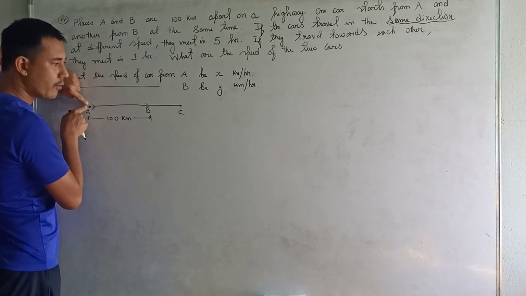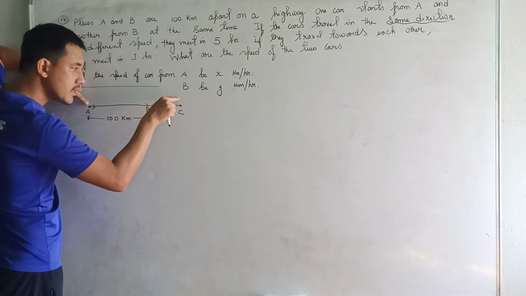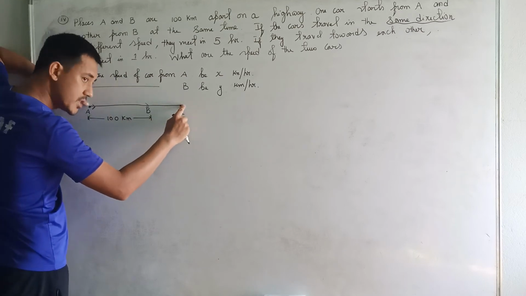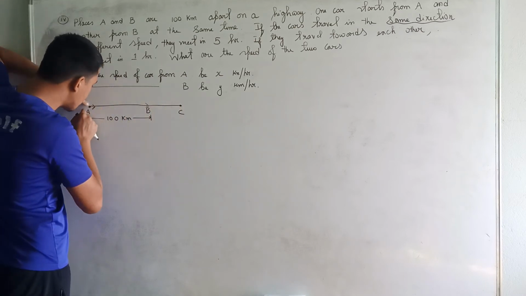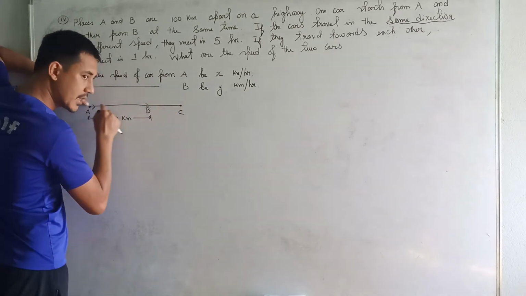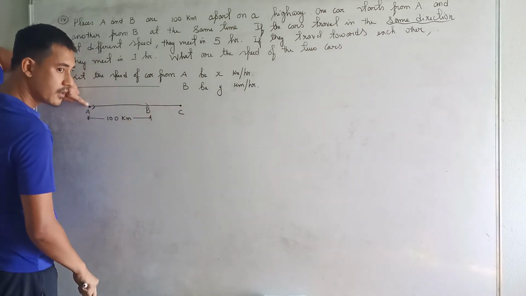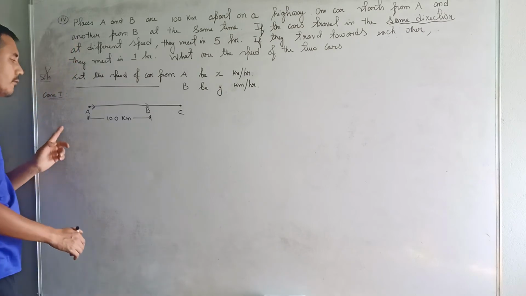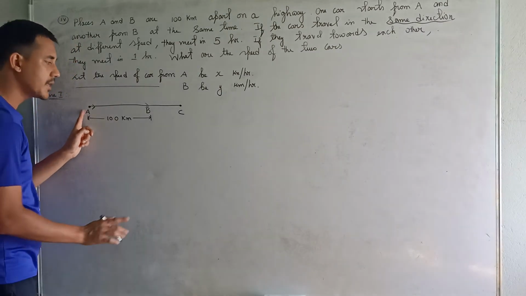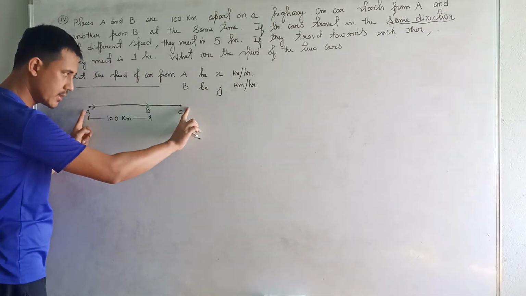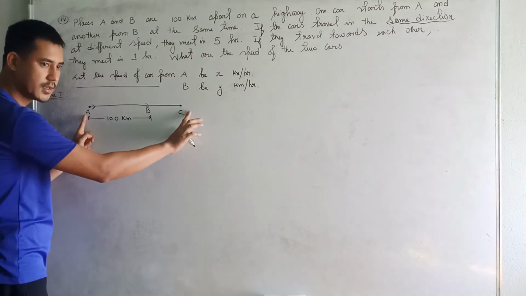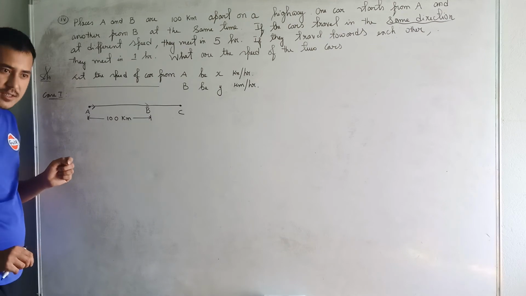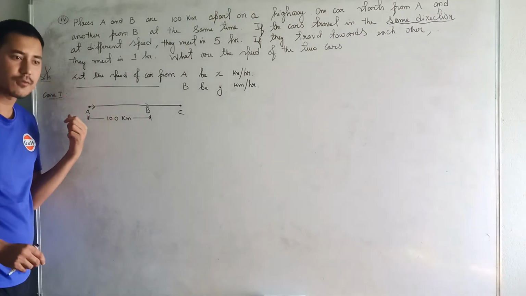Finally, the car from A reached C. The first car was at A. After that, it reached C. So what does this AC represent? The first car started at A. It stopped at C. So this line AC gives you the distance traveled by the car from A, right?